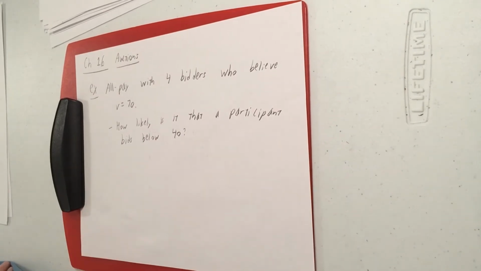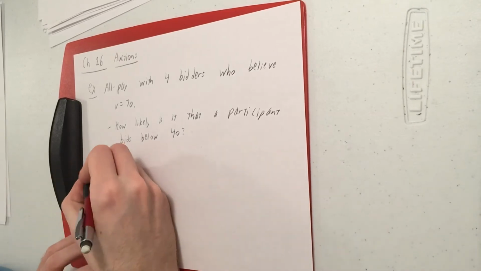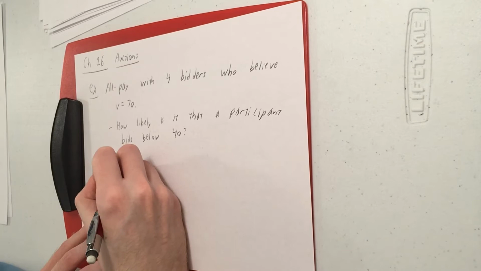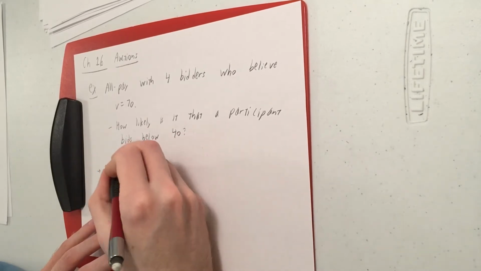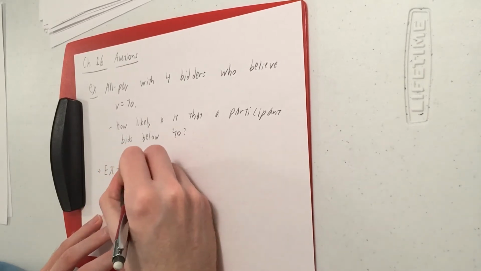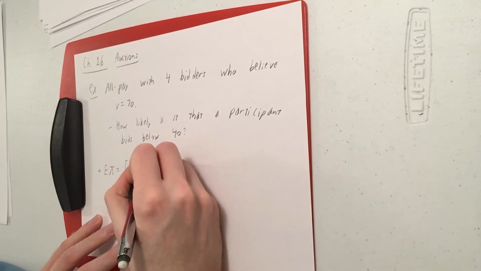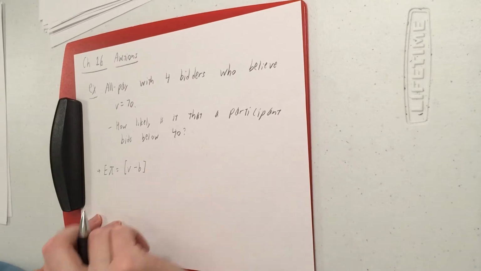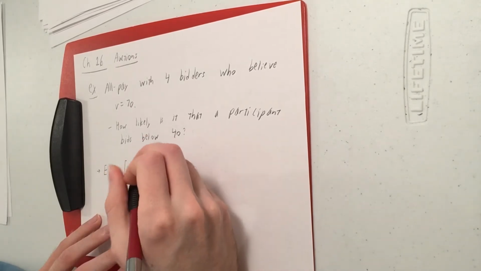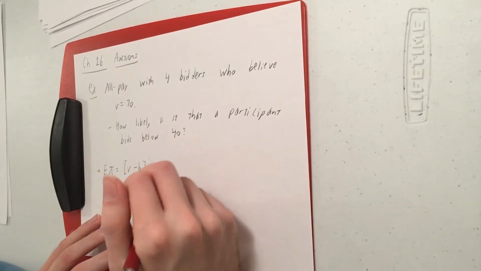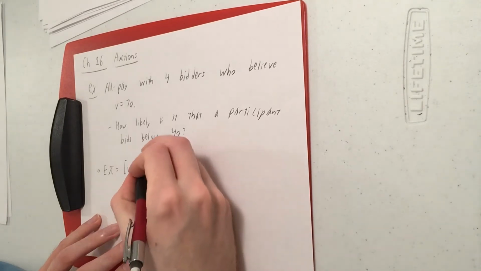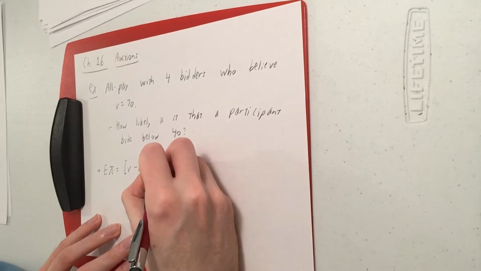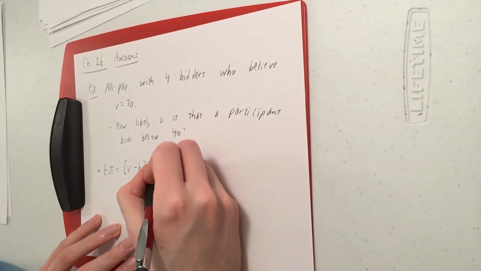So first we can set up our problem. We know that the expected payoff is going to be, well, you break it down to its components. If you win, you get V minus B. The probability that you win is going to be the probability that your bid is bigger than everyone else's.